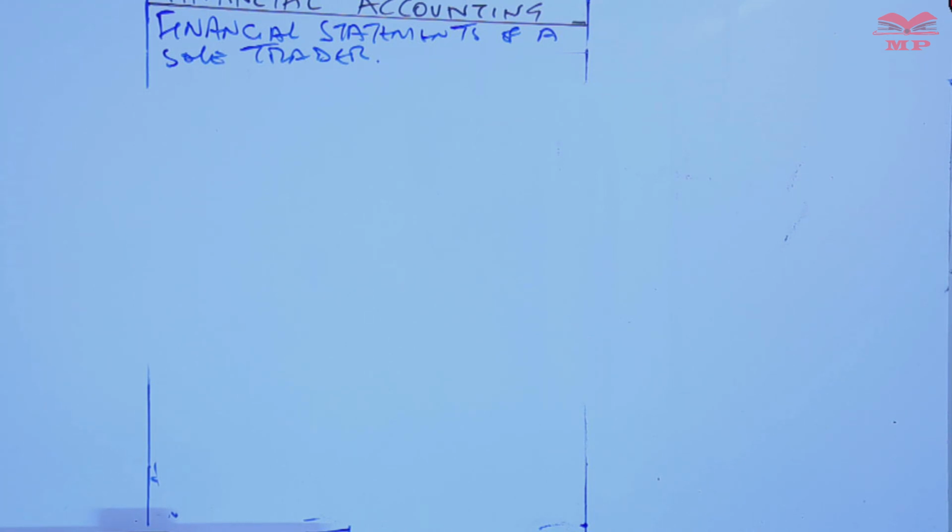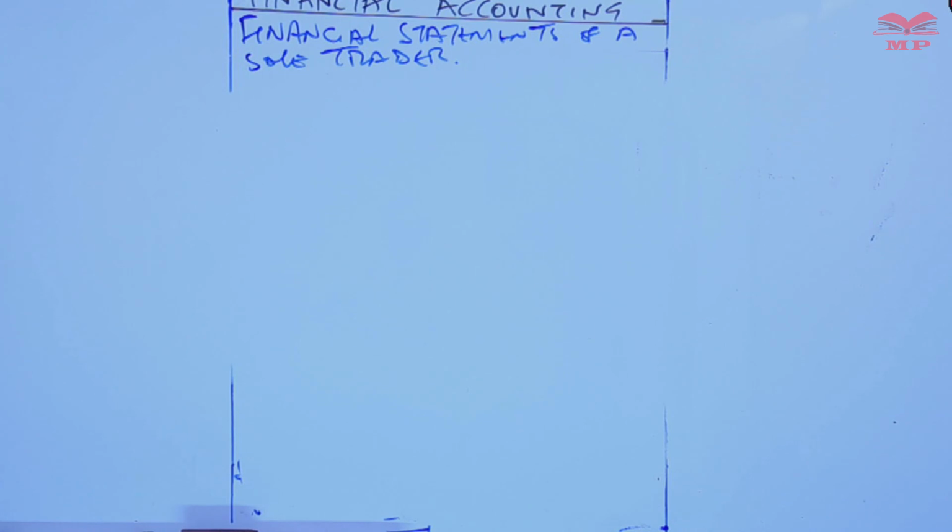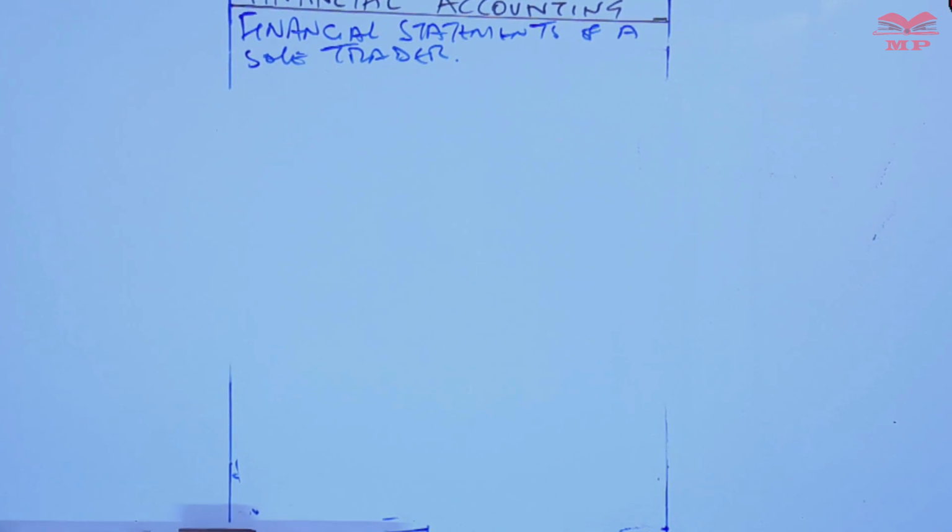So at the top here, we must have Rehema Enterprises. Then the name of the statement. The name of the statement is Trading Profit and Loss Account.